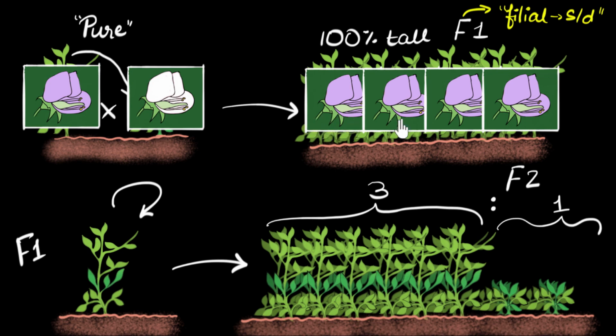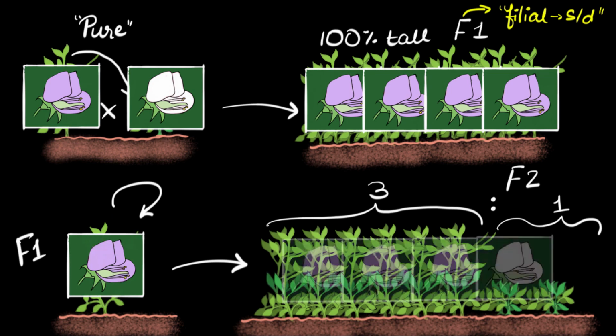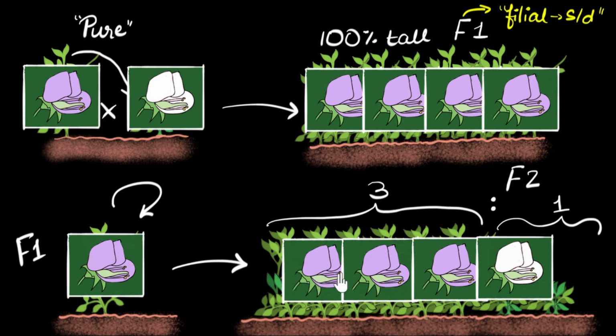All purple flowers, no white flowers at all. But then when he takes one of these F1 generation purple flowers and self-pollinates, guess what he gets? He now gets 3 times as much purple as white. White comes back. It's in the minority, but it comes back with the same ratio, 3:1.